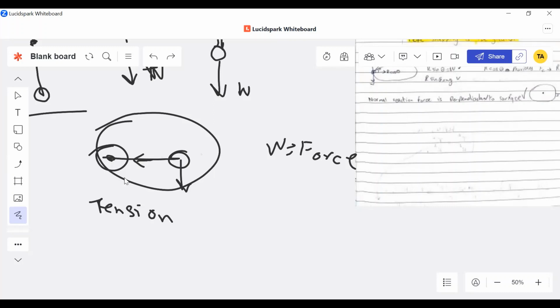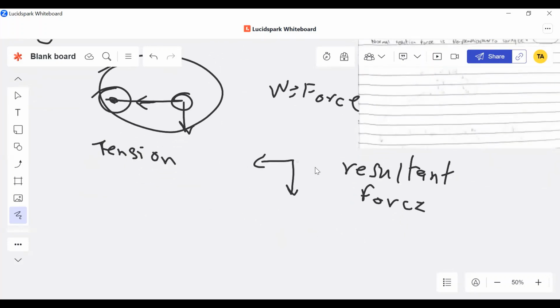So when I draw the forces, tension like this, weight like this. Now, what would be the resultant force of these two forces? Tension moves left, weight moves down. When I make the resultant force, it would look something like this.